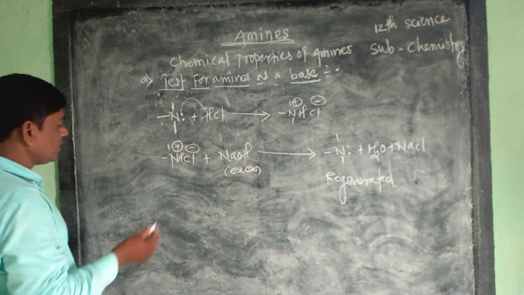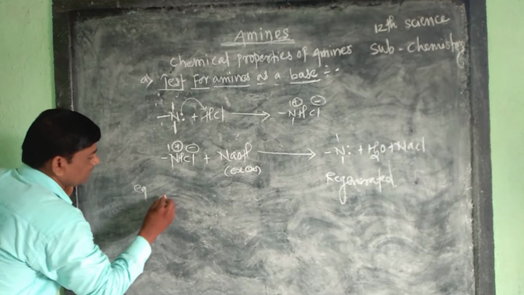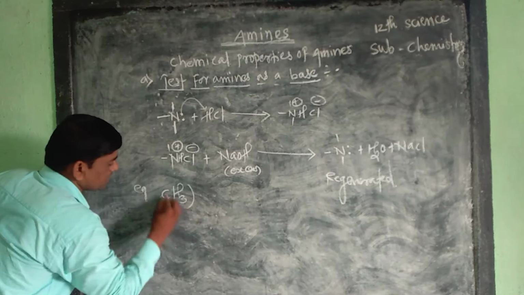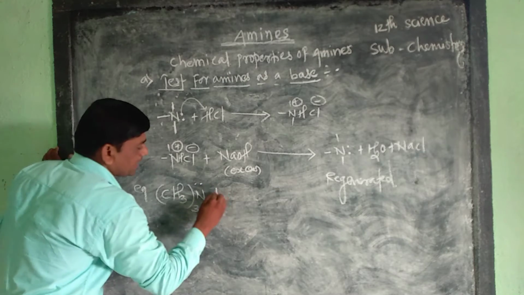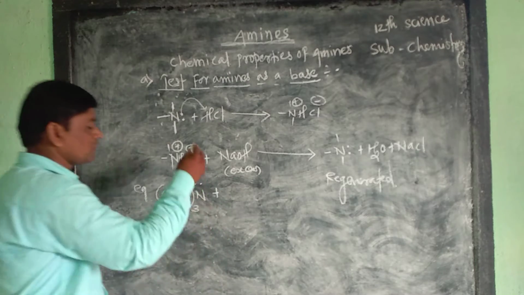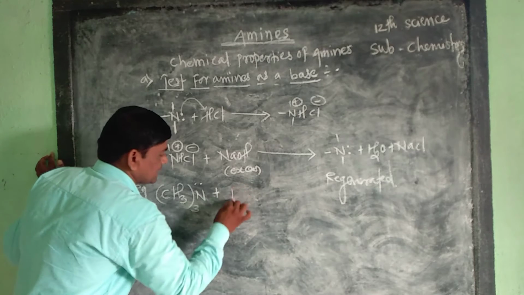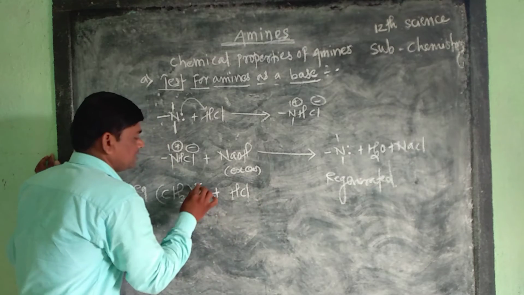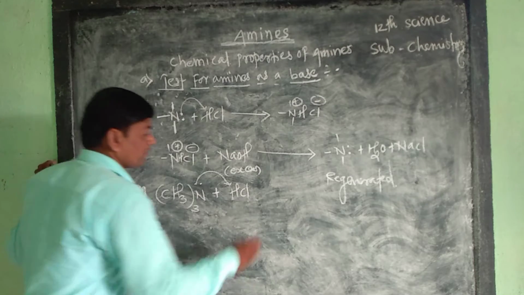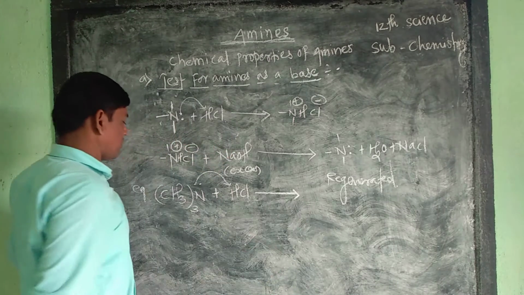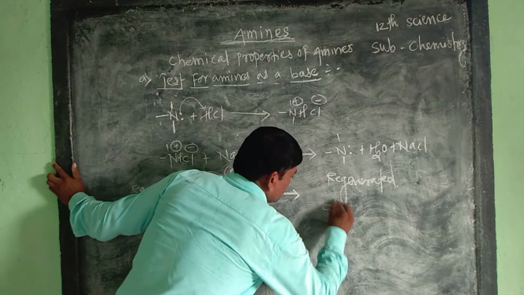For example, we take a tertiary amine, trimethylamine. It reacts with aqueous solution of strong hydrochloric acid, then it can donate the lone pair of electrons and the substituted product is formed.